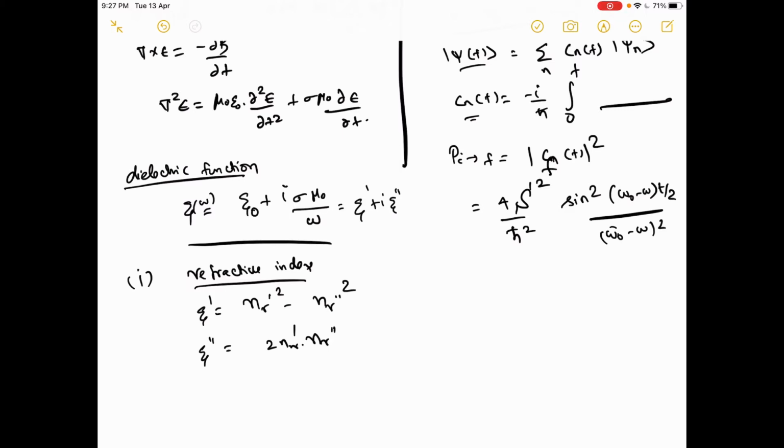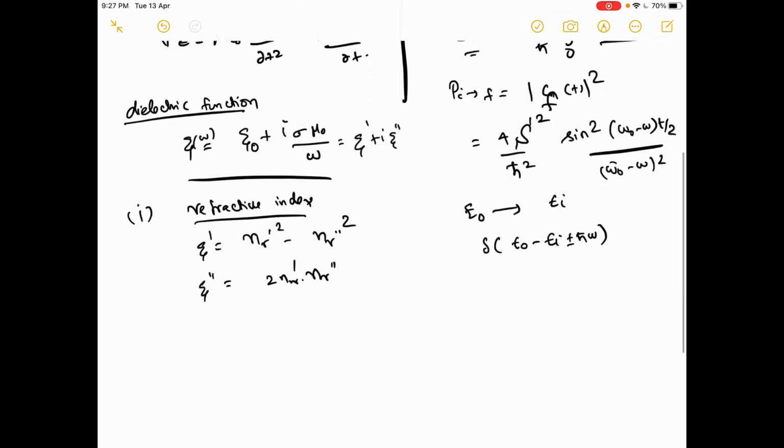In the sense that if you take an electron in E naught, for it to be scattered into Ei, it has to undergo this energy conservation, which is delta of E naught minus Ei plus or minus h cross omega, omega being the frequency of radiation.